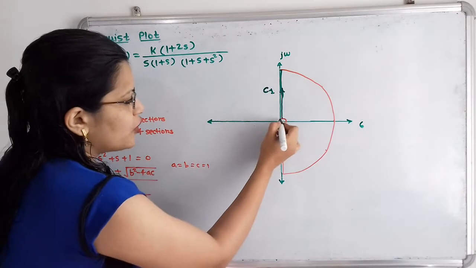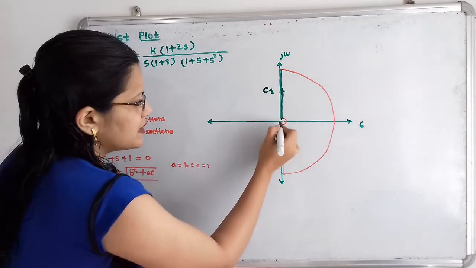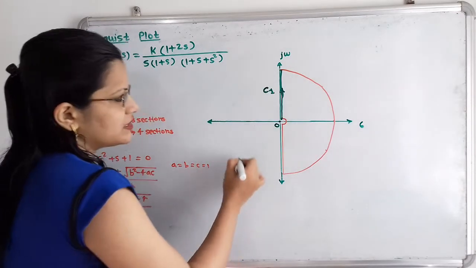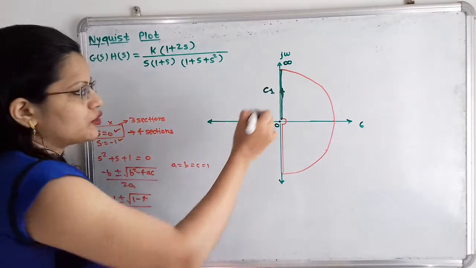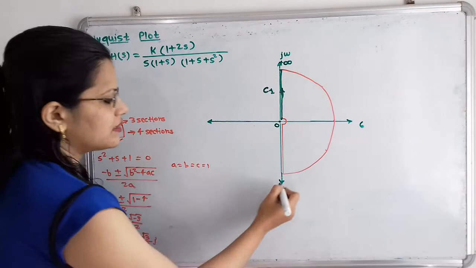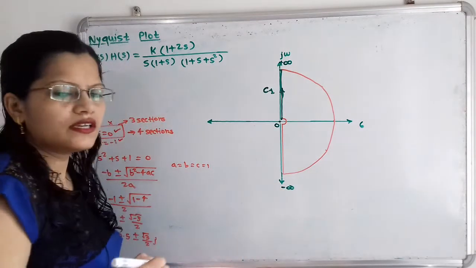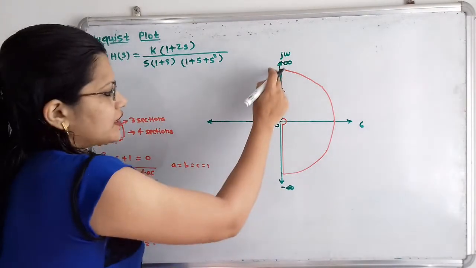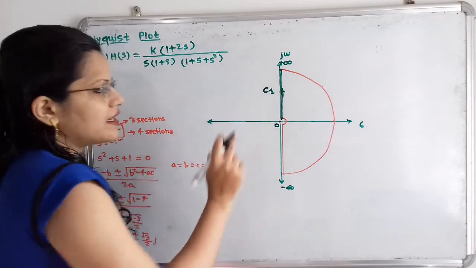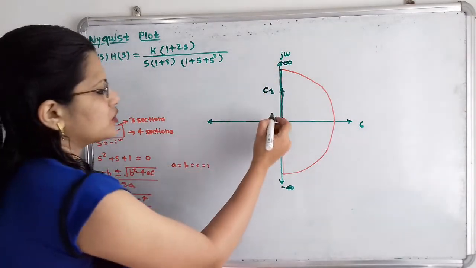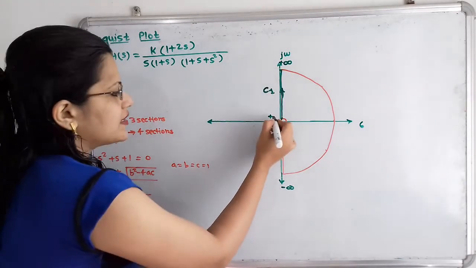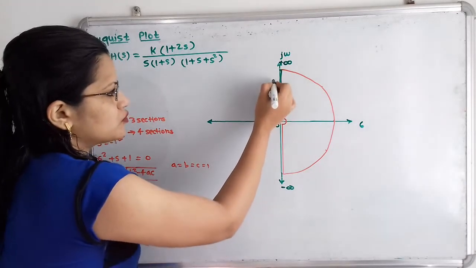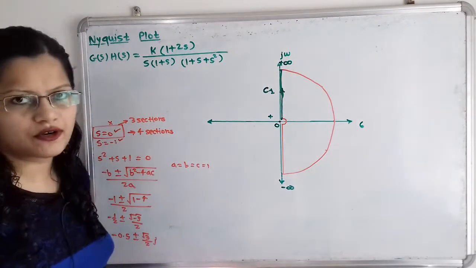Here if we observe, this section will start from the origin, that is 0, and will end towards infinity. Here is plus infinity and here is minus infinity. On this vertical line, because this is the imaginary axis, the value is plus j omega, that is plus 1, plus 2, plus 3, but in the form of j omega.